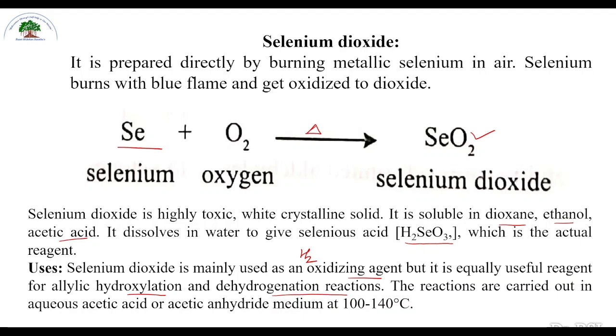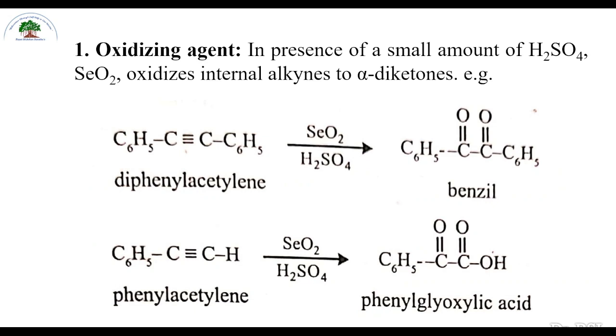The reactions are carried out in aqueous acetic acid or anhydrous medium at elevated temperature, near about 100 to 140 degrees Celsius. So first use as oxidizing agent: in presence of a small amount of sulfuric acid, H2SO4, selenium dioxide oxidizes internal alkynes to alpha diketones.